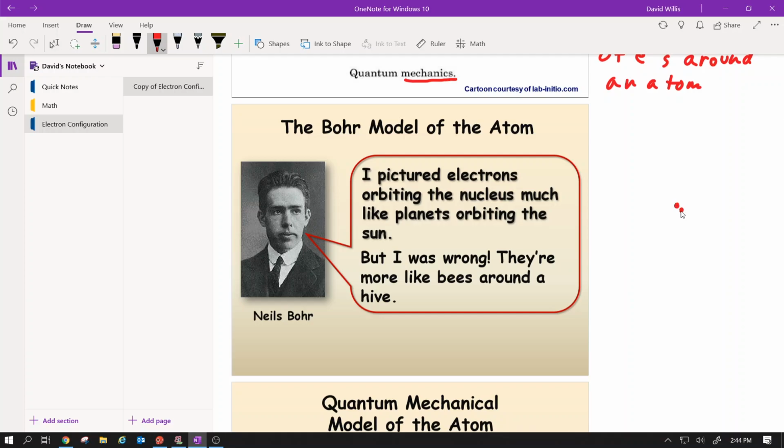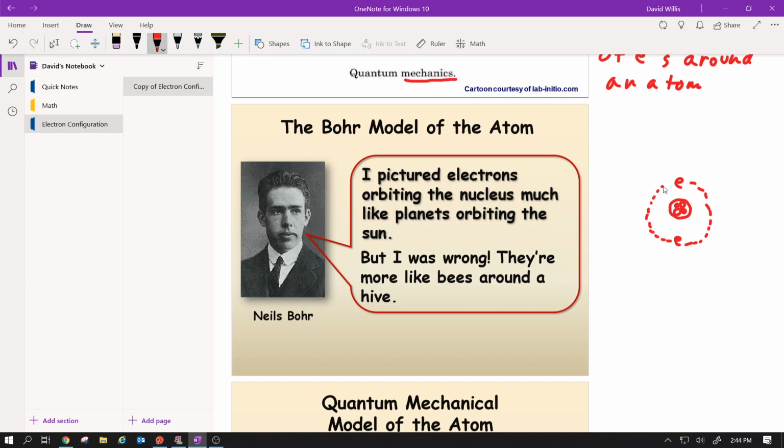He pictured protons and neutrons in a nucleus, and then he pictured electrons around the outside in circles.